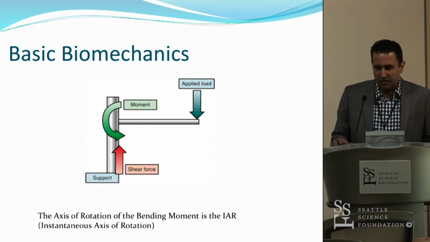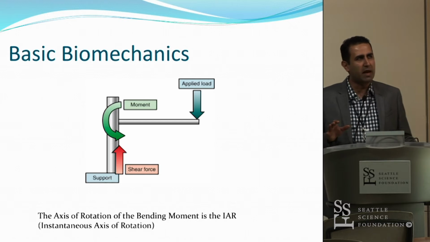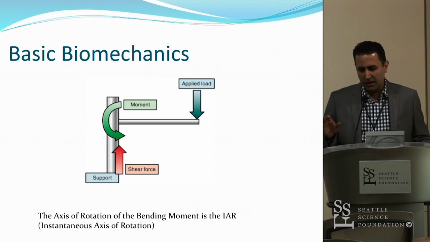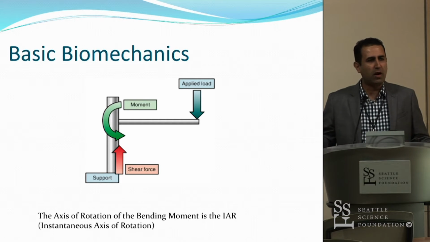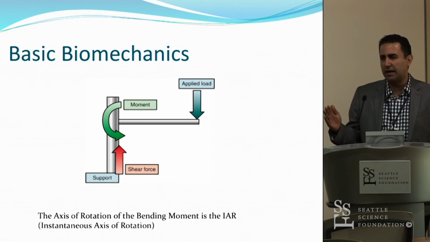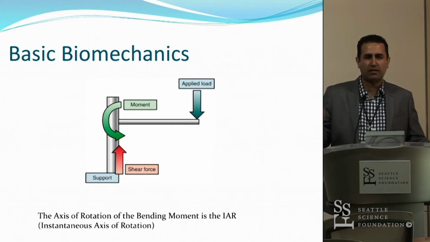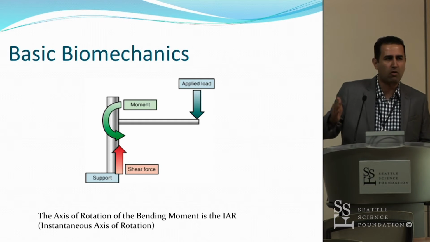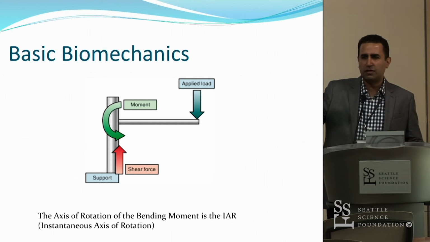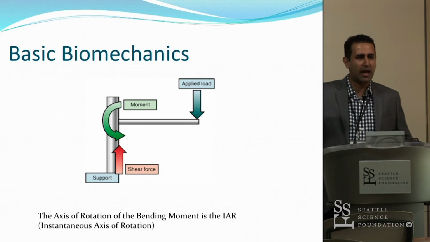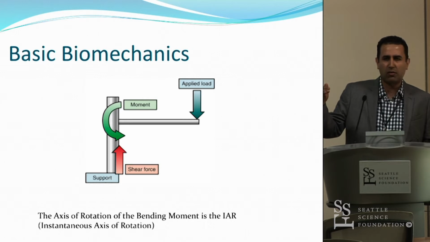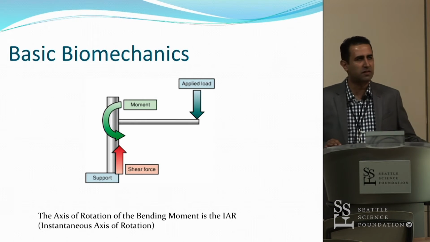So let's go back to the very, very basic mechanism that applies to what I call the anchor and the longitudinal member. So typically in our modern day spine practice, the longitudinal member is the rod and the anchor is the screw. It can be a hook, it can be a sublaminar wire, but typically it's a screw system.